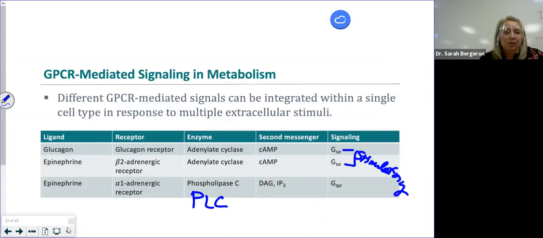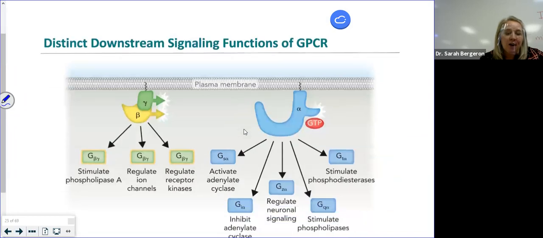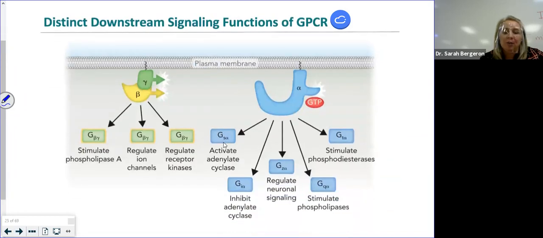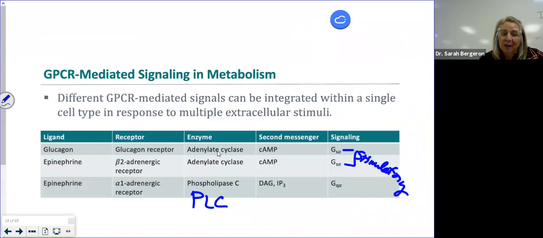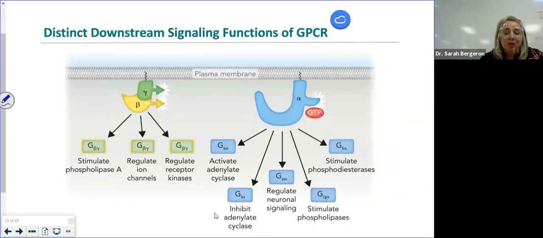Gs alpha, right? So let's go to Gs alpha. Here's Gs alpha. What is Gs alpha going to do? It's going to activate adenylate cyclase, right? So that's exactly what we said. It's going to activate adenylate cyclase. It's going to make cyclic AMP. And remember that pathway that we talked about making tons of glucose from glycogen? That's exactly what's going to happen. Okay. So that's adenylate cyclase.